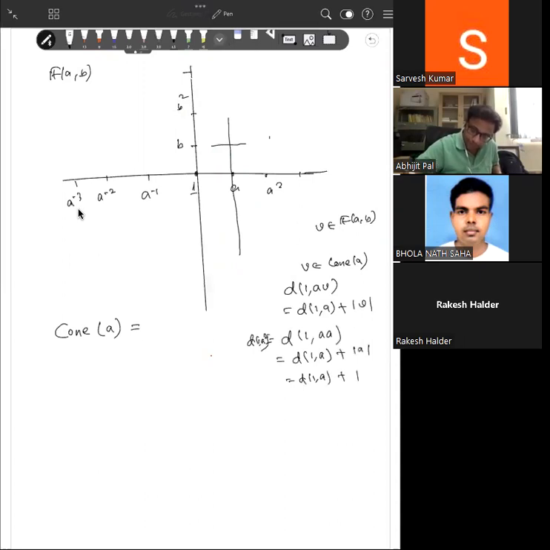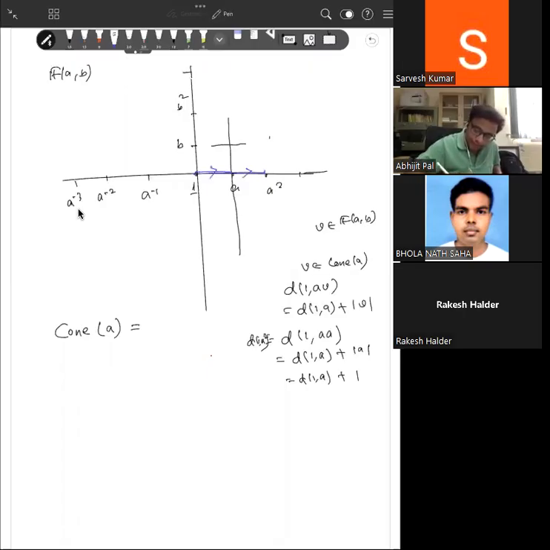So that is clear. You take the geodesic joining 1 to a, and then again you follow this geodesic. So this total thing will be a geodesic. Therefore, a is there. You are right.